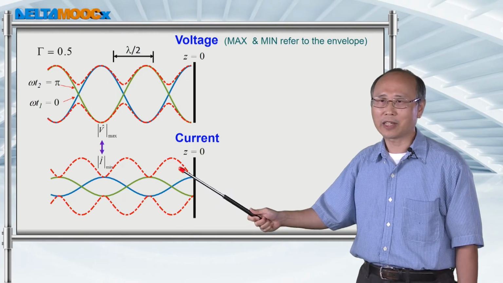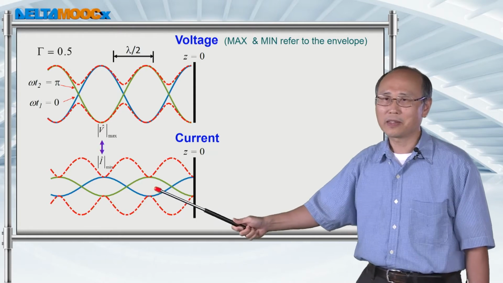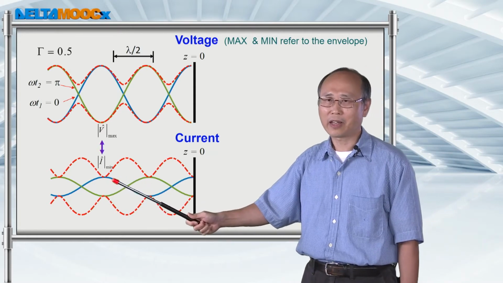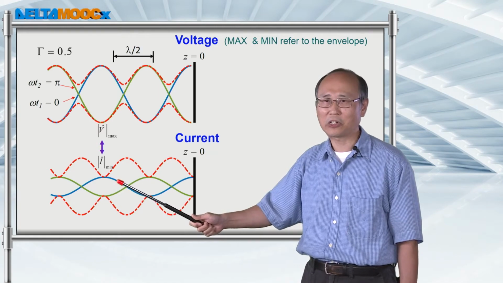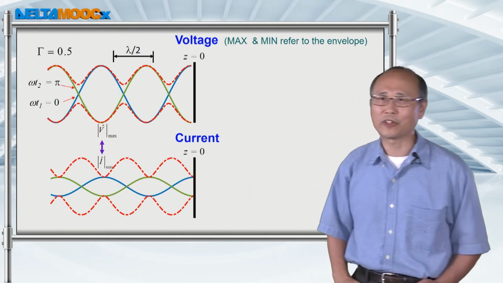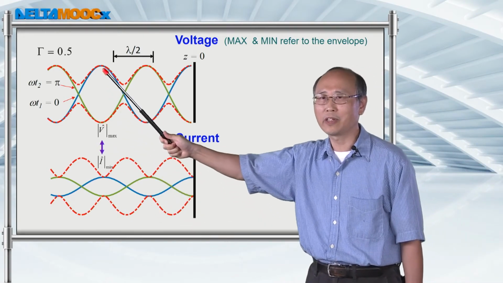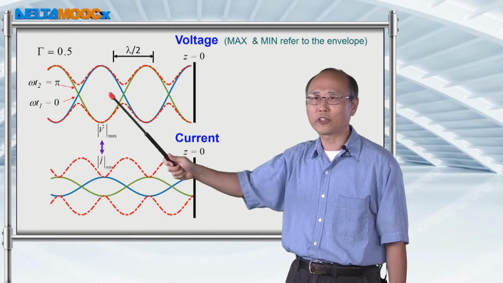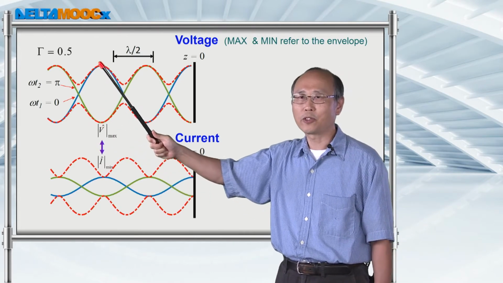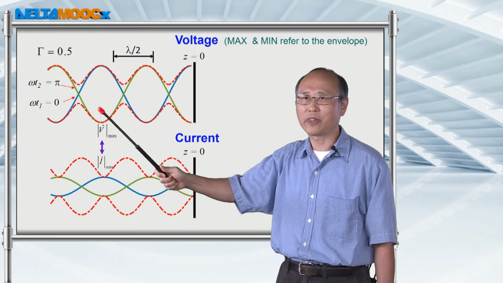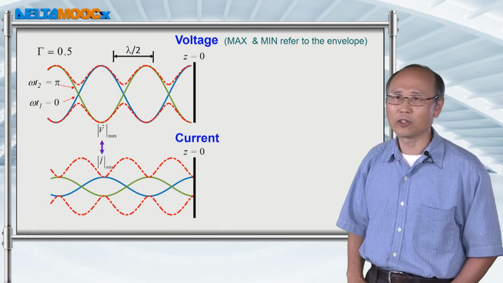And you can see that basically the envelope function does not change, but the actual amplitudes of the current and voltage are different. For example, if I look at this point, it corresponds to a voltage signal that swings to the maximum value within this big envelope. We call this an anti-node.